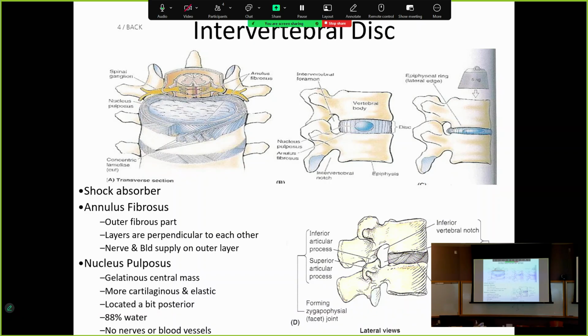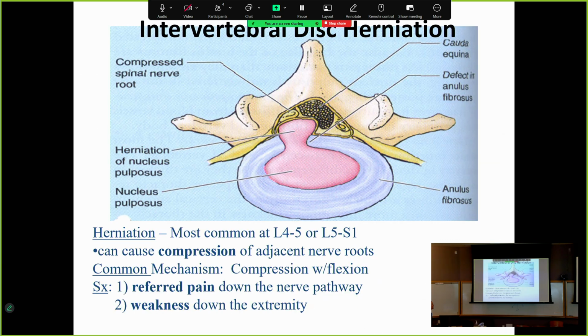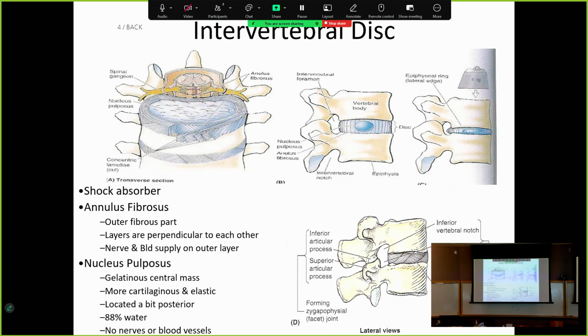We have intervertebral discs, not between every... sorry, I didn't put it on there. How many vertebrae do I have? 33. So how many intervertebral spaces is that? 32.